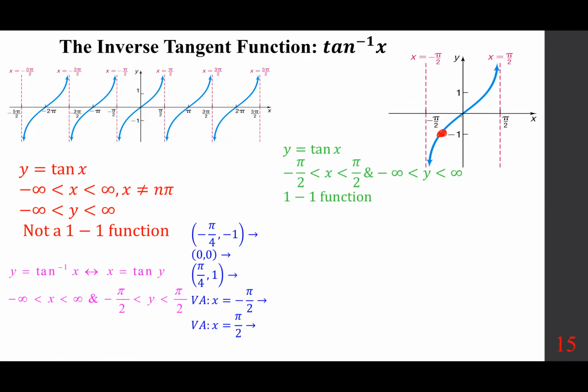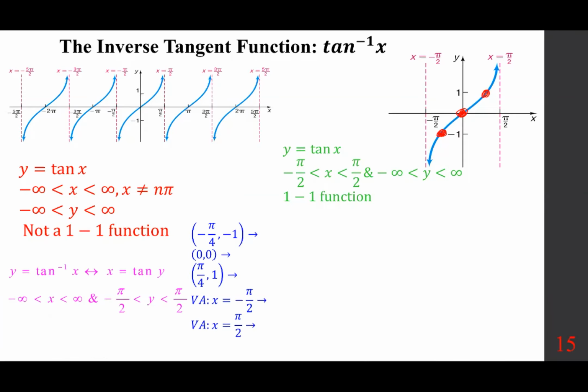So 0, 0, pi over 4, 1, vertical asymptotes, x equals minus pi over 2, x equals pi over 2. So what happens? This changes to negative 1, negative pi over 4. This is 0, 0. This is 1, pi over 4. VA becomes horizontal asymptote. Y equals negative pi over 2 and pi over 2.